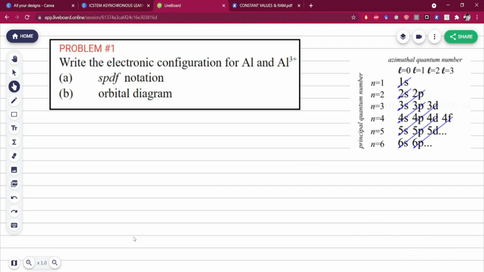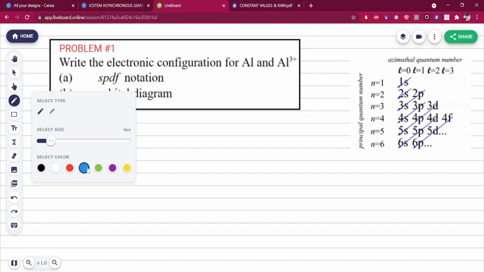Now, we need to write the electronic configuration for aluminium and aluminium 3 plus. And how are we going to do this? The first thing you need to do is to identify the proton number, or in other words, the atomic number for aluminium.